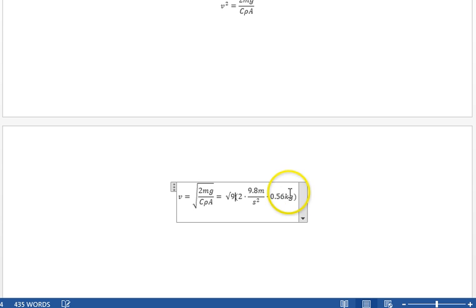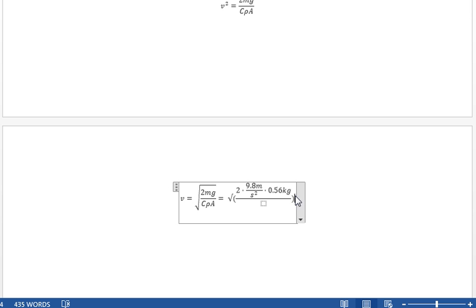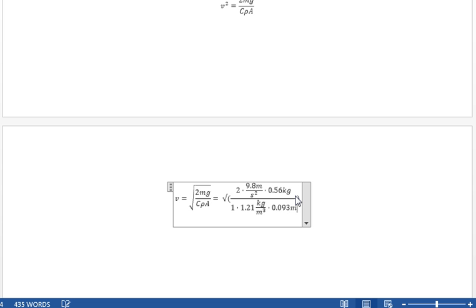Another set of parentheses out here, divided by c, which is 1, rho, which is 1.21 kilograms per meter cubed, and then a, which is 0.093 meters squared.